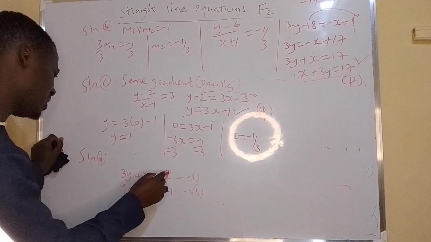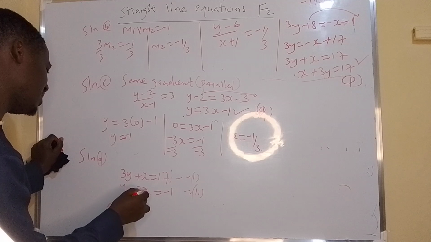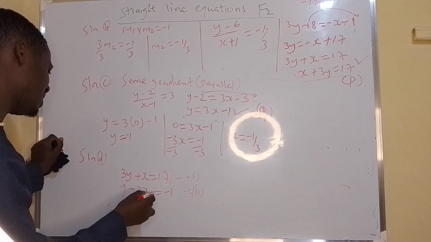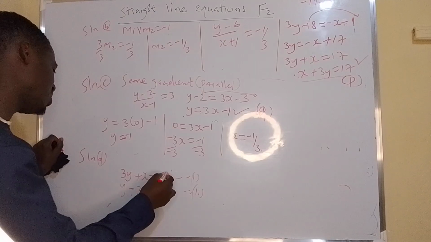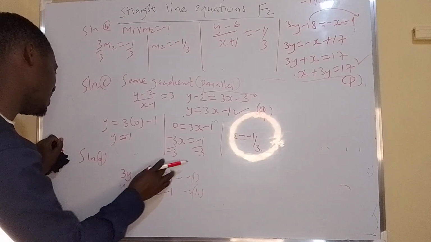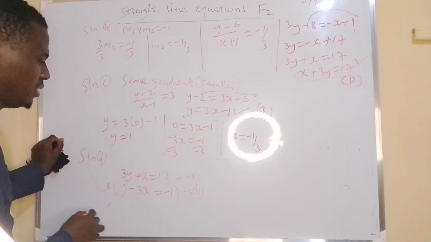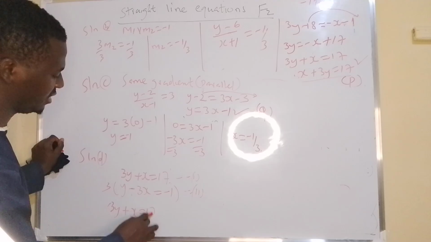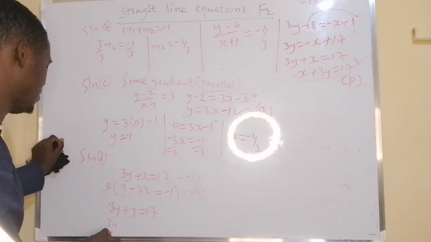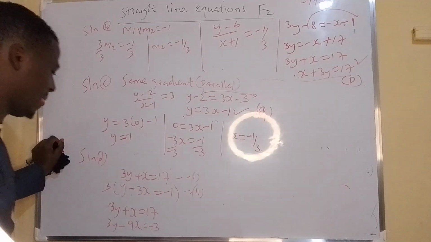Which operation will you use? We want to eliminate y, so multiply equation 2 by 3. It will be 3y plus x equals 17, and 3y minus 9x equals negative 3.